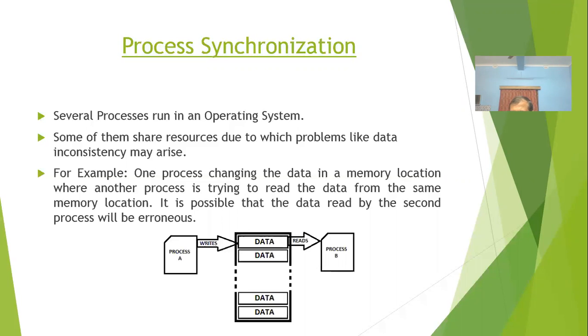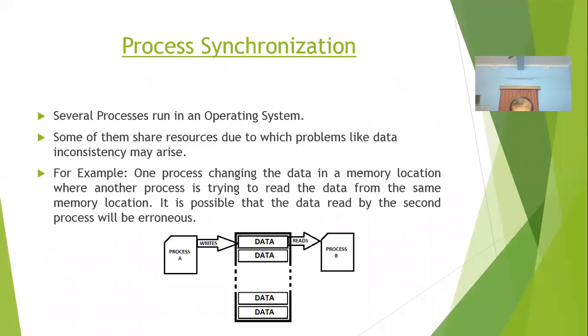So now, concurrent access to shared data may result in some sort of inconsistency. For that reason, in the case of cooperating processes, process synchronization is essential. Here you can say that in a particular operating system, there are several processes running, and some of them may like to share resources with each other, and in doing so it may lead to some sort of inconsistent state.